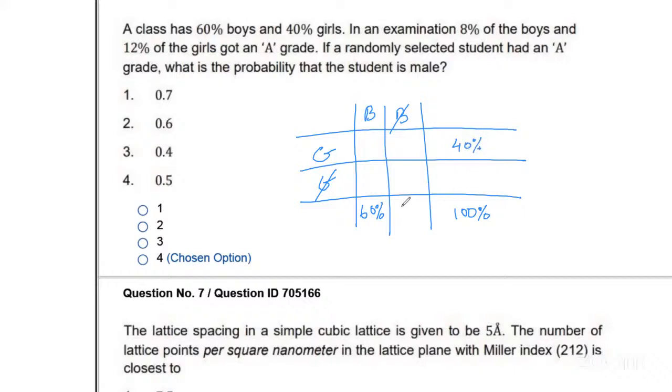So in an examination, 8% of the boys and 12% of the girls got an A grade. If a randomly selected student had an A grade, what is the probability that the student is male?